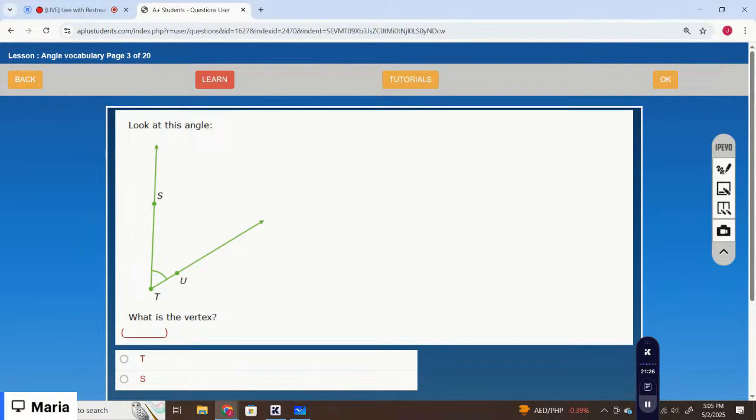What is the vertex? Which is the correct option? That is angle T. Option number 1 is the correct option.